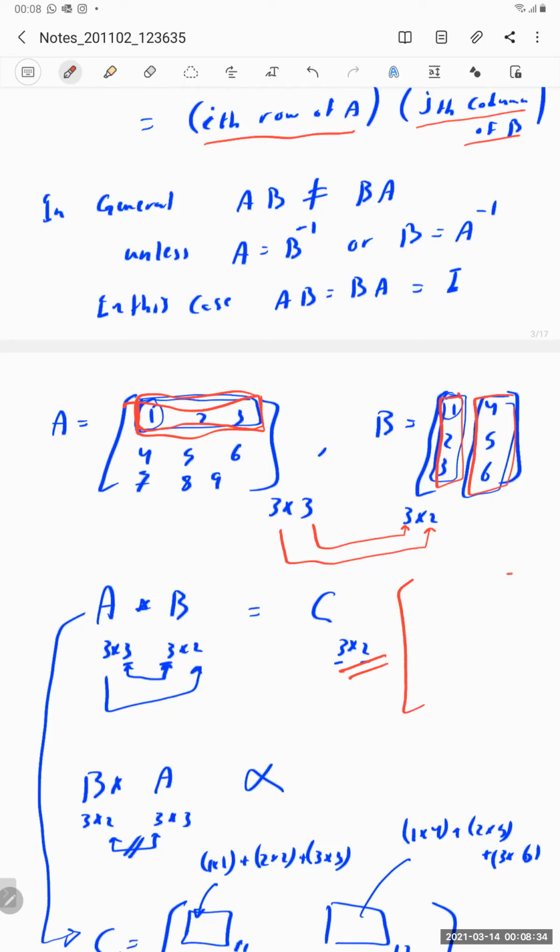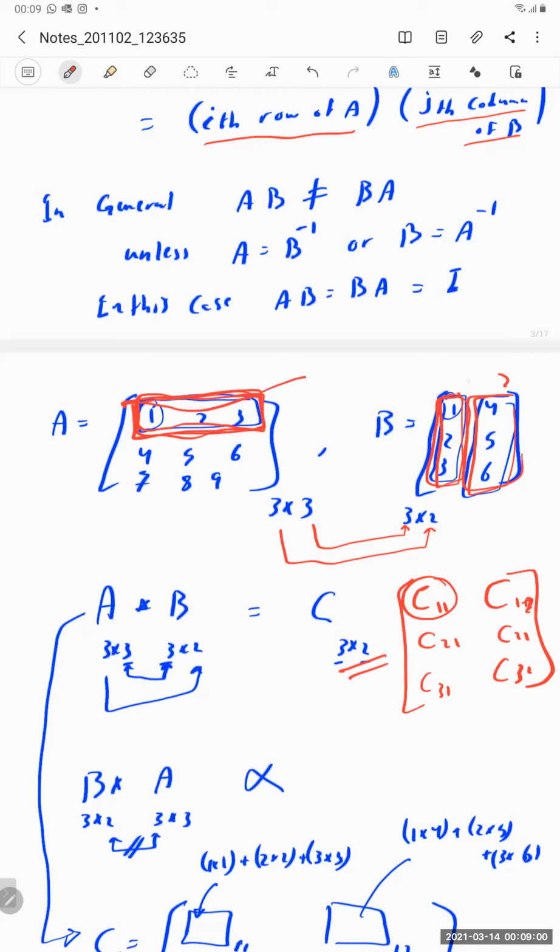لو جينا عملنا matrix C، عندك هون C11, C12, C21, C22, C31, C32. C11 هي عبارة عن حاصل الضرب الرو الأول times الكولوم الأول. C12 عبارة عن الرو الأول times الكولوم الثاني.